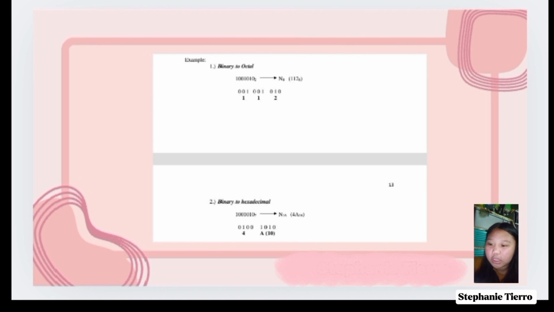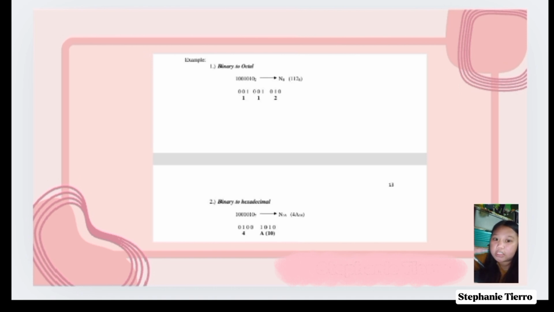And ganun rin yung gagawin sa may binary to hexadecimal. Itatry natin siya. Try natin kunin siya. So, i-bring down natin. Same rin yung group. No. Kasi 3 kasi kay binary pala.